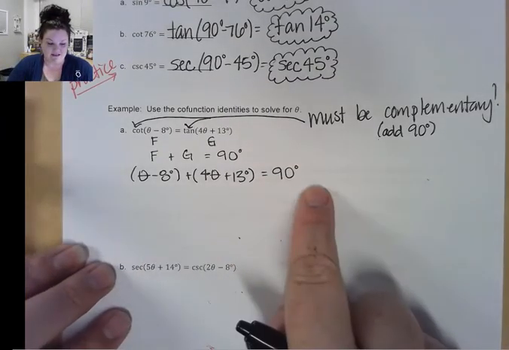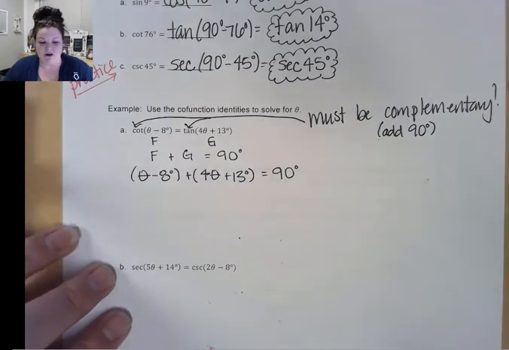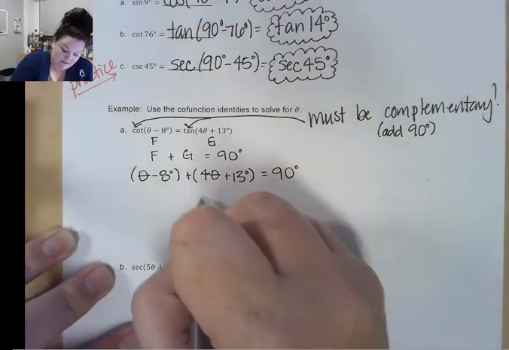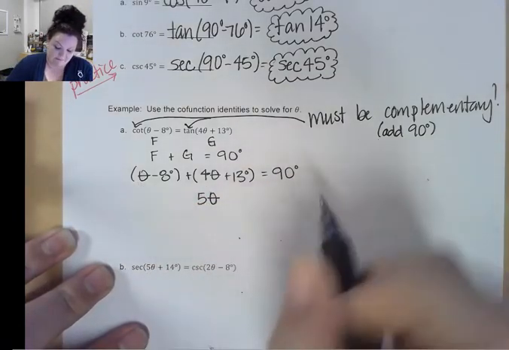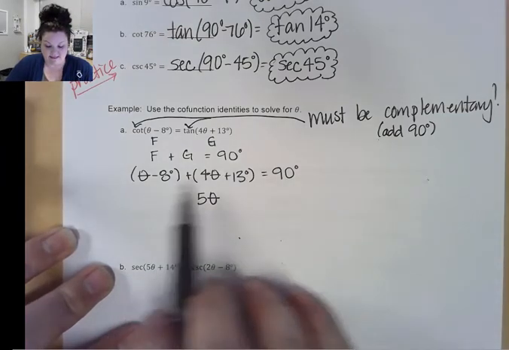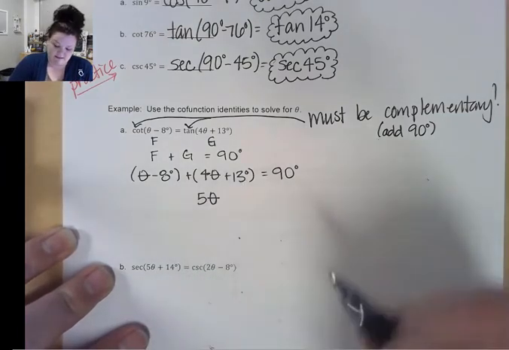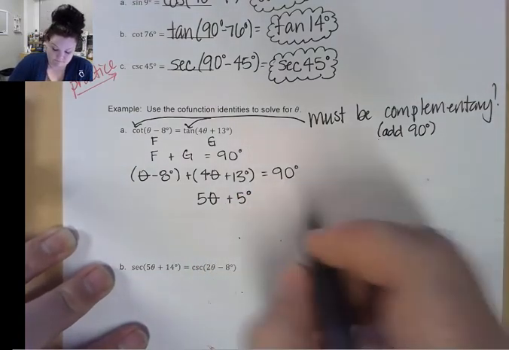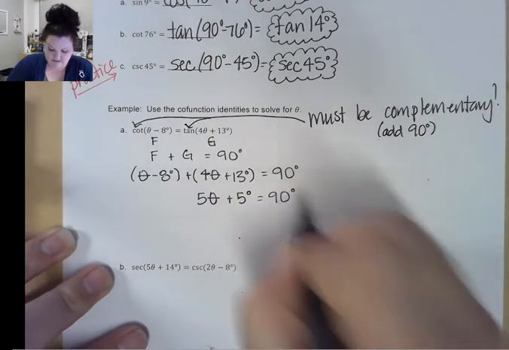And now that I have this statement, I can go ahead and just drop those parentheses and solve this equation. So I have a theta and I have a 4 theta, which gives me 5 theta when I combine. I have a negative 8 and a positive 13 degrees, which leaves me with 5 degrees when I combine, is equal to 90 degrees.